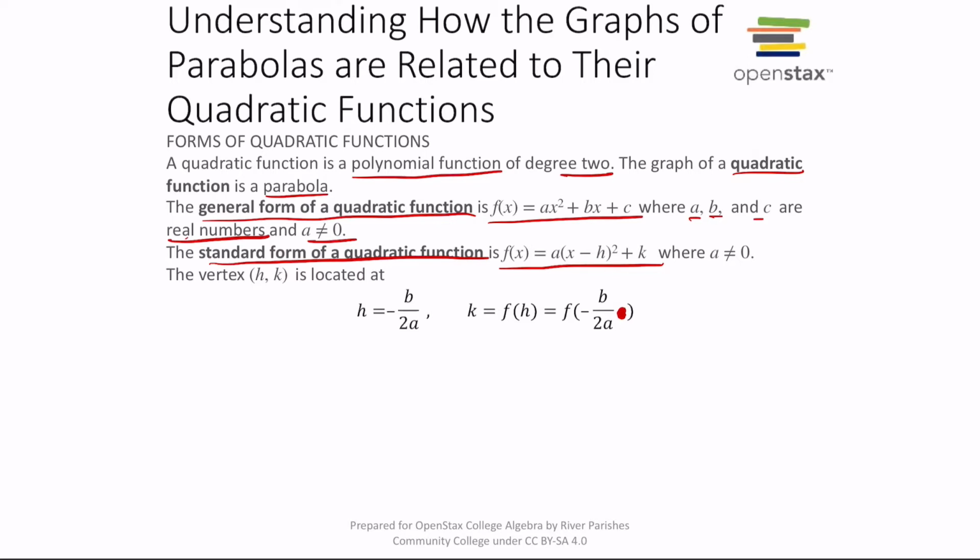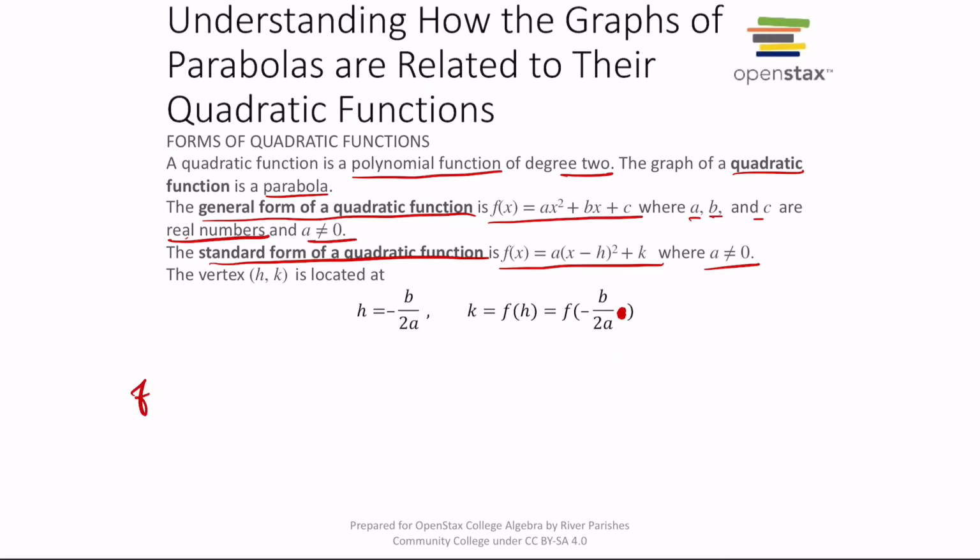Here h and k represent the vertex coordinates. So the point (h, k) is the vertex, and a is the coefficient, which is not equal to 0. So how do you find (h, k) based on the general function?